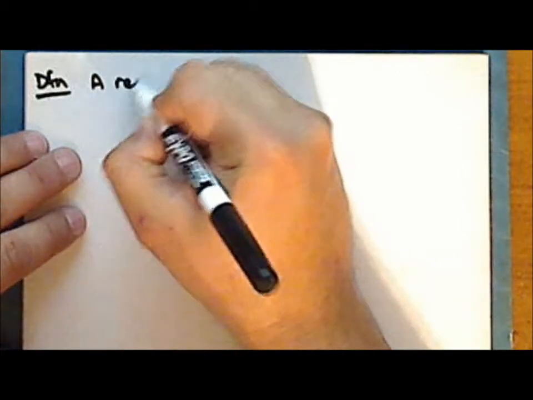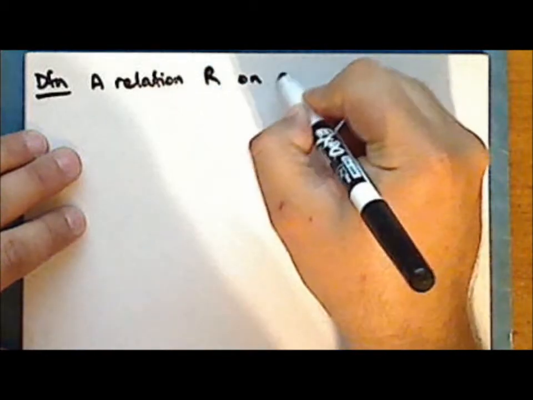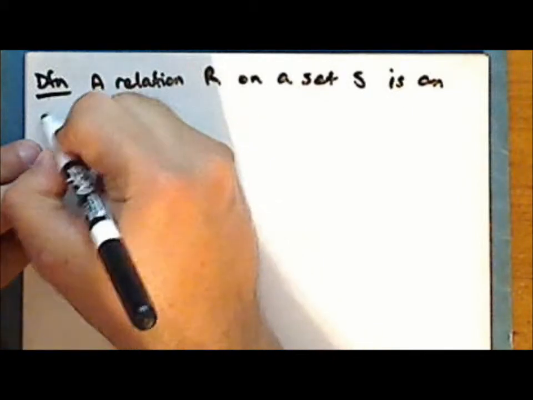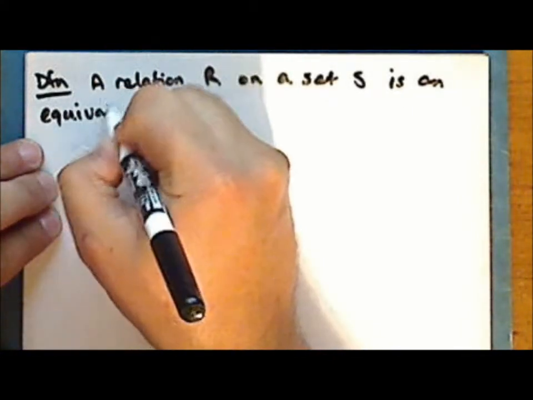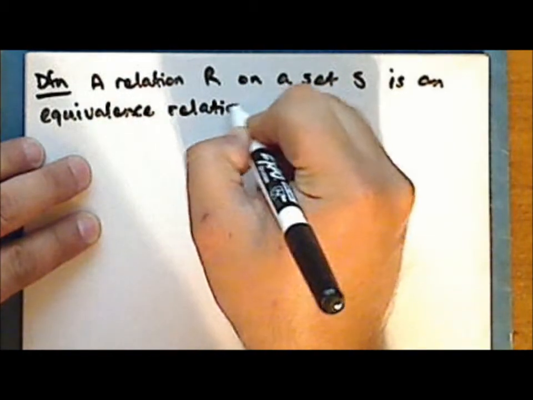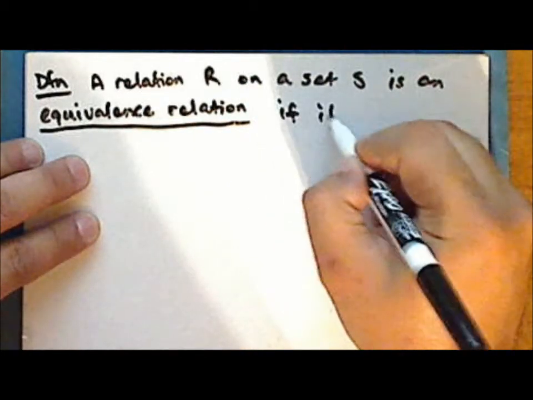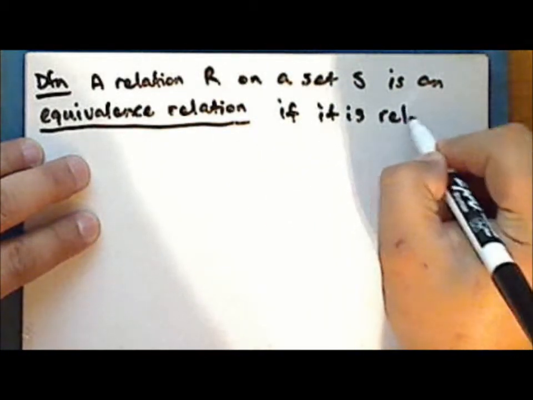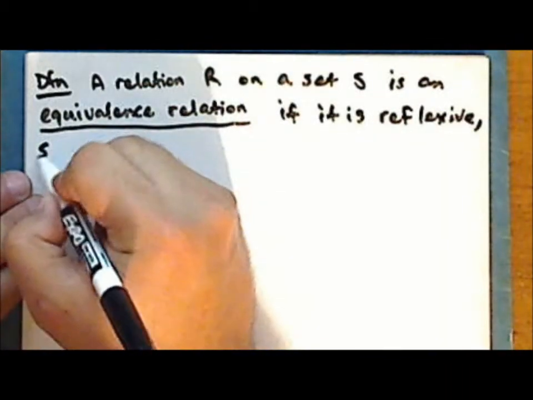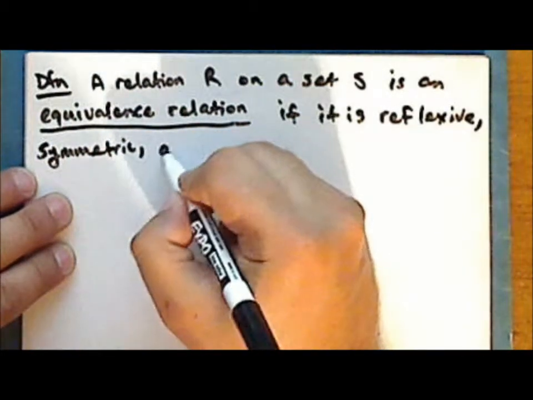A relation R on a set S is an equivalence relation if it is reflexive, symmetric, and transitive.